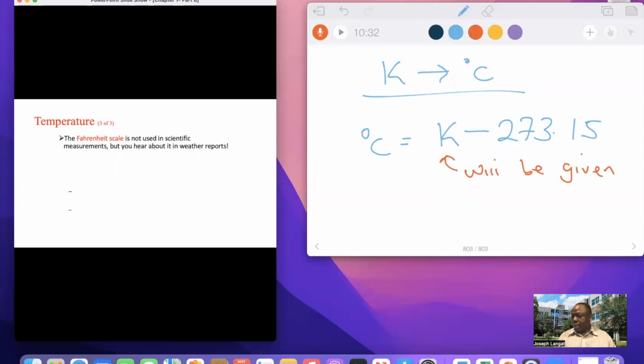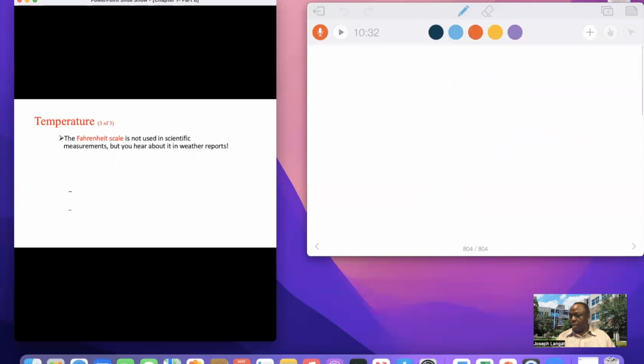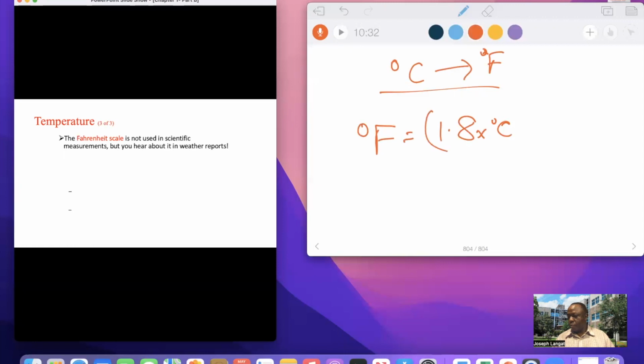Now, Fahrenheit, changing degrees Celsius to degrees Fahrenheit. Degrees Fahrenheit is given by 1.8 times degrees Celsius. This is what you will be given. Do this first, and then you add 32.